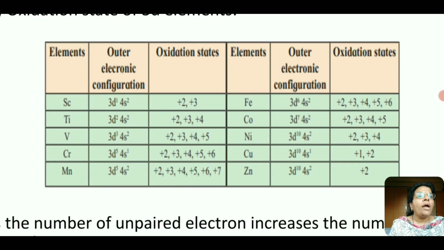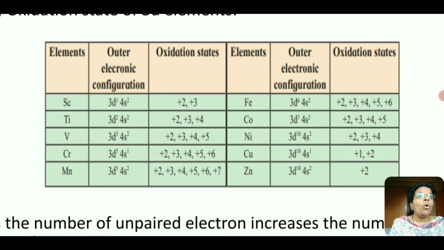Therefore, iron shows +2, +3, +4, +5 and +6 oxidation states. In the +3 oxidation state it is more stable since the 3d orbit becomes half filled, that is 3d5. In case of cobalt, the atomic number is 27 and the electronic configuration is argon 3d7 4s2. Now in case of cobalt, in the 3d orbit there are 4 electrons which are paired and 3 electrons which are unpaired.